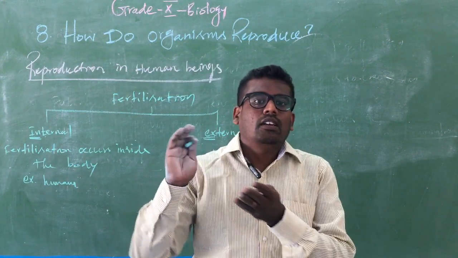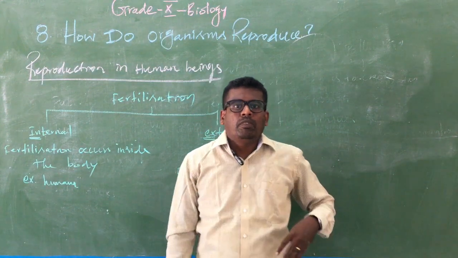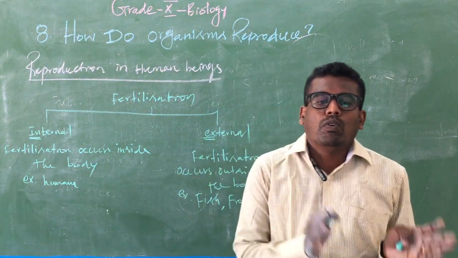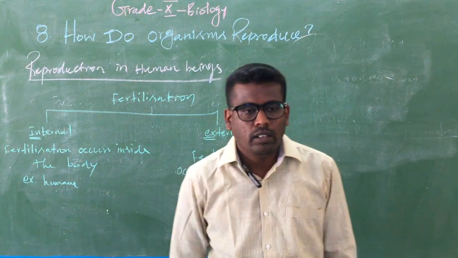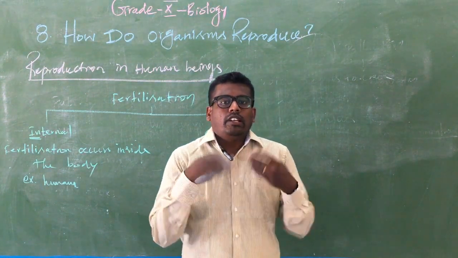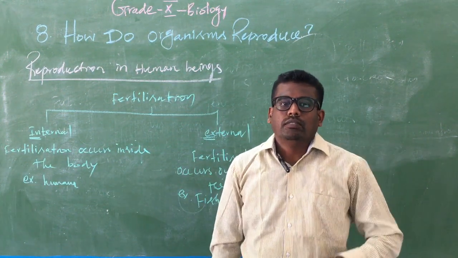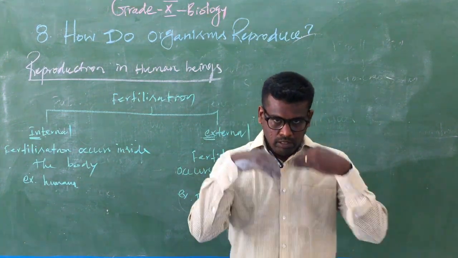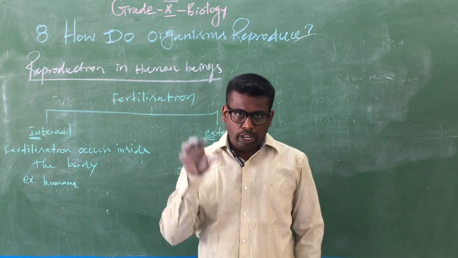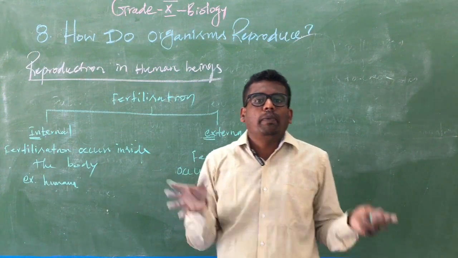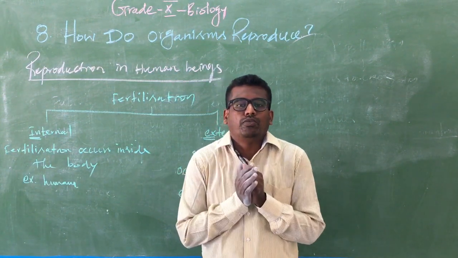For reproduction, there are specialized organs in both male and female. In the male, there is the penis for transferring the male gametes, that means sperm. In the female, there is the ovary, a female reproductive organ which produces the egg. Now male and female gametes fuse.